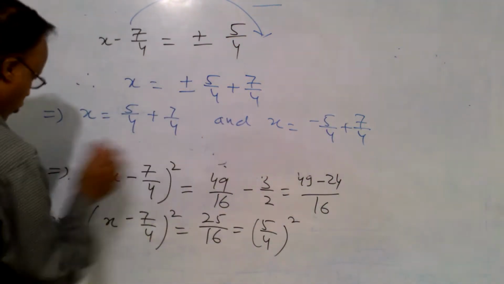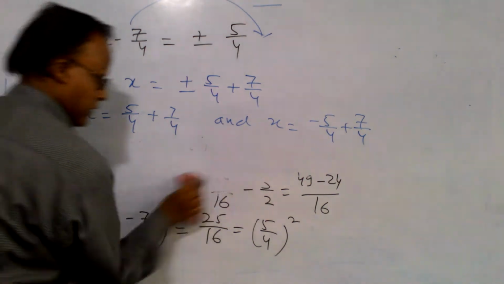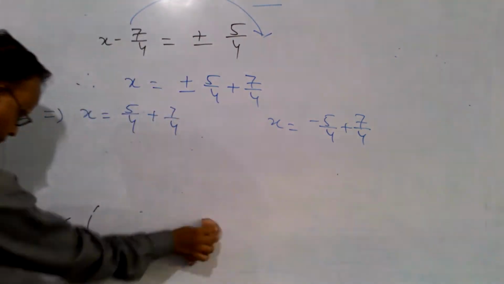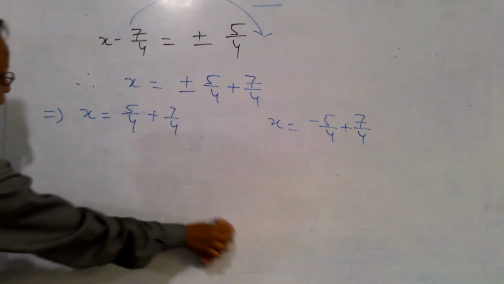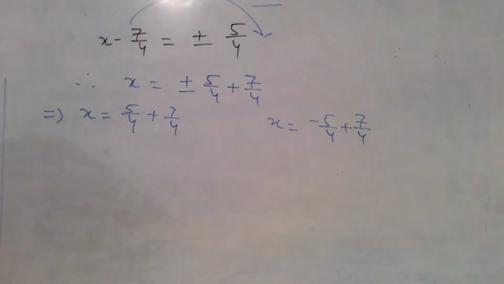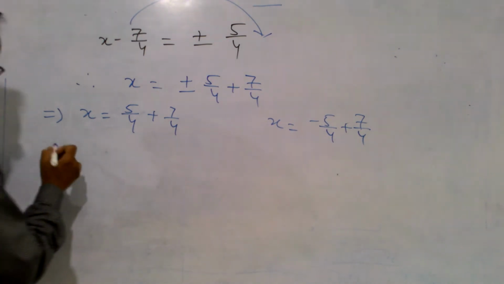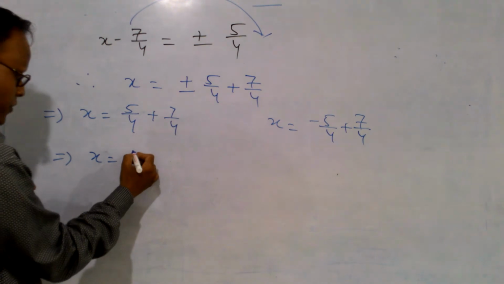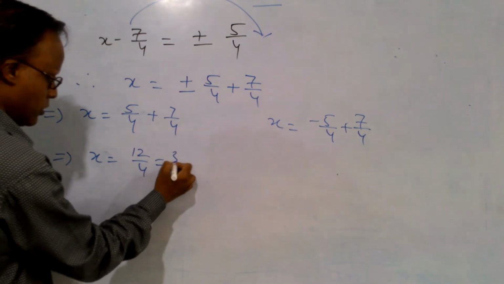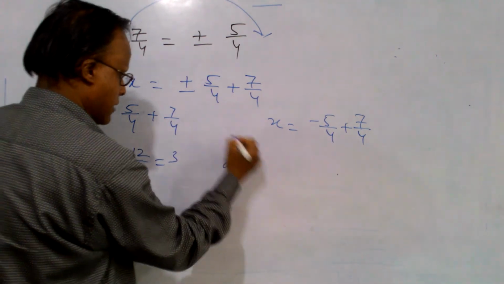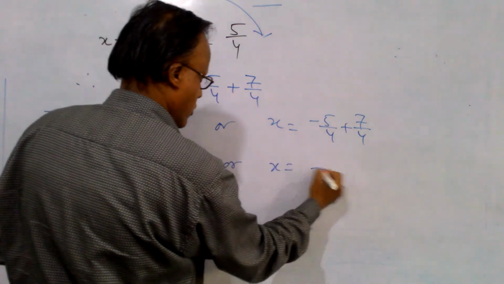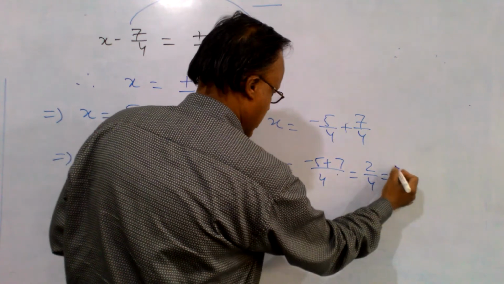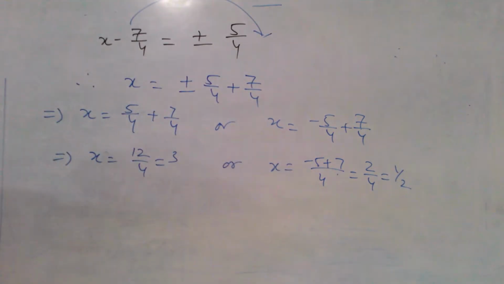Now simplify it, taking 4 as LCM: x is equal to 7 plus 5, 12 by 4, which is 3, or x equal to minus 5 plus 7, which is 2 by 4, equal to 1 by 2.